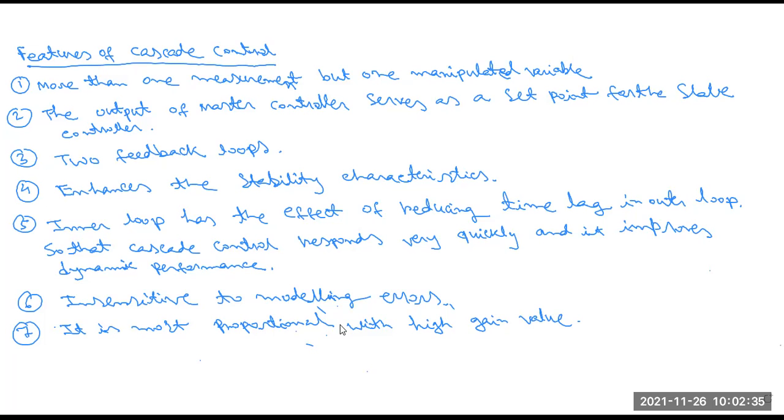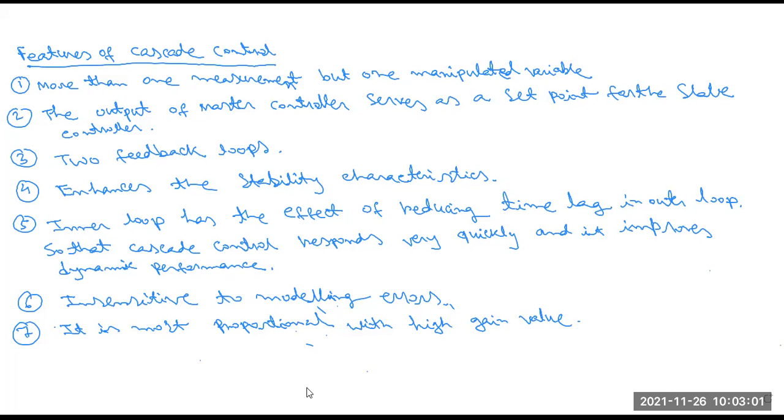This is very, very important. So the cascade control system responds very quickly and improves the dynamic performance also. Number 6, it is insensitive to modeling errors. That is why we use this cascade control system in our process control industries.